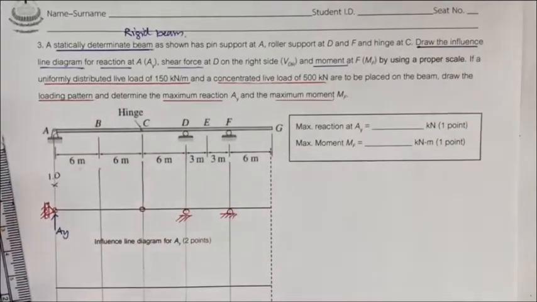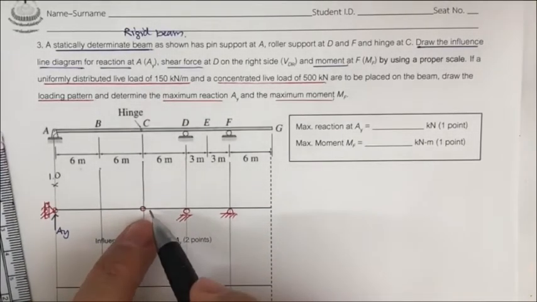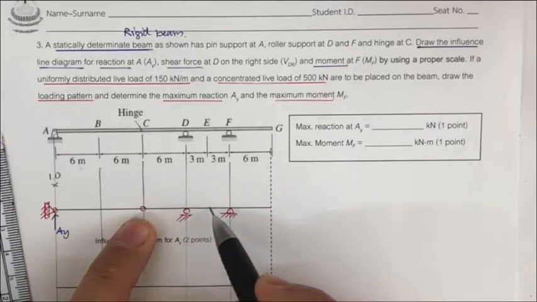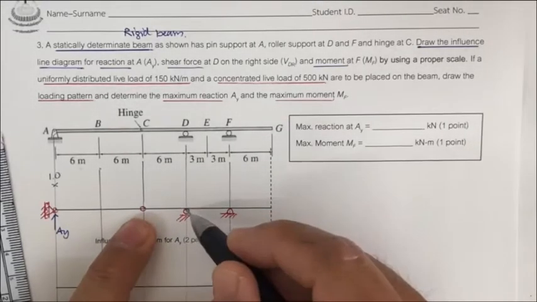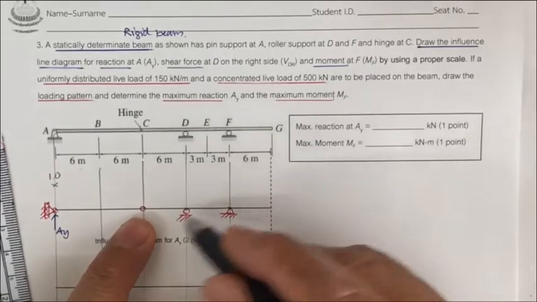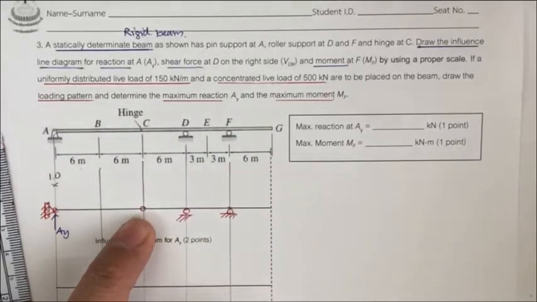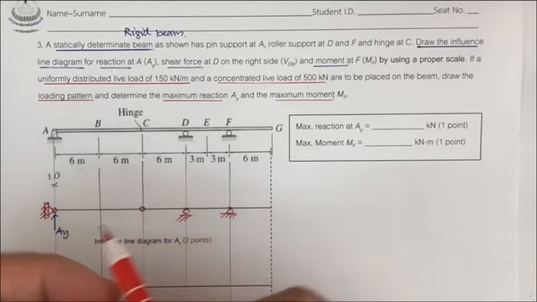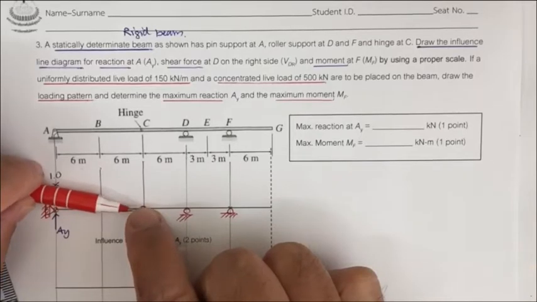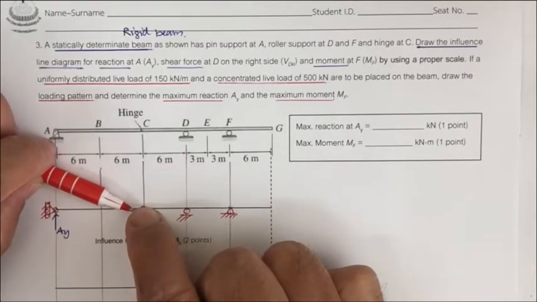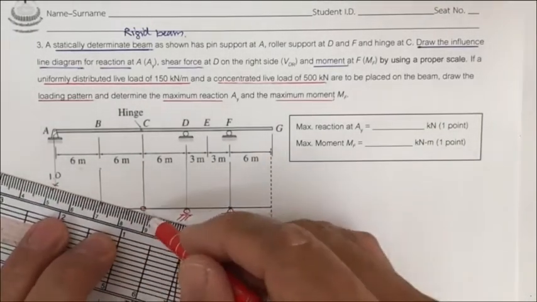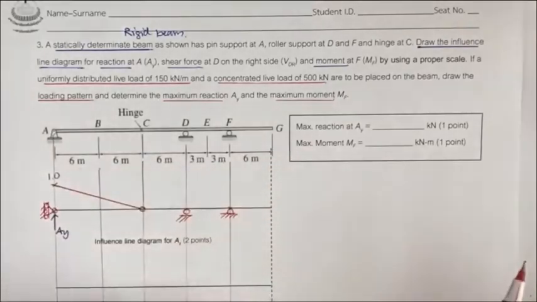Since this beam has the hinge here, and this portion C, D, E, F, G has two roller connections, and the beam is a rigid beam, this portion would move, and the rotating point is going to be here. Since the rotating point is here, and you push by A sub y for 1 unit, it's going to change shape like this. Okay, and you arrive at the influence line diagram of A sub y looking like this.